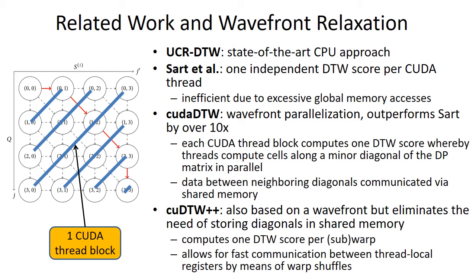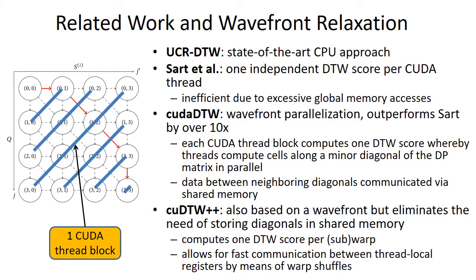Then a wavefront parallelization scheme was proposed in the CUDA-DTW software and paper, which can outperform Zart et al. by over 1 order of magnitude. In CUDA-DTW, each CUDA thread block computes one DTW score, whereby threads compute cells along the minor diagonal in parallel, and the necessary data transfer is done through shared memory.